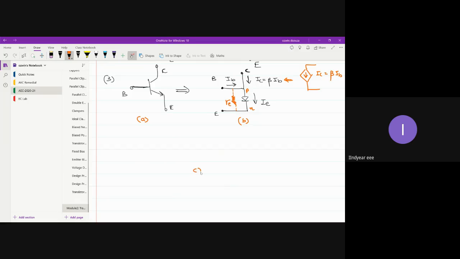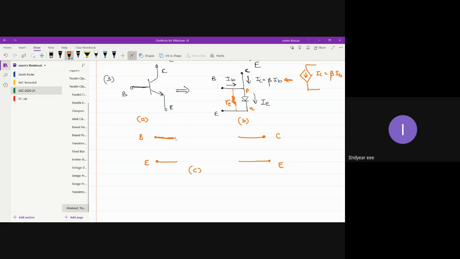Fine. So now let us join the two circuits in a more meaningful manner. I will consider the input terminals. Input terminals are base and emitter. And let me also consider the output terminals. What are output terminals for common emitter configuration? It is collector and emitter. Now, in between the input port and output port, you are supposed to place the elements, right?